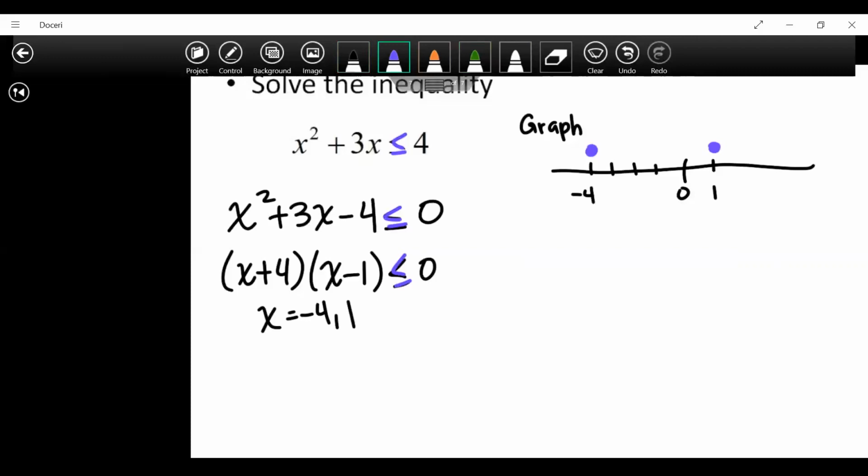Yes, they're connected. My interval is going to look how? Bracket, what? -4, comma. And again, if you graph it, the left number is going to go on the left-hand side and the right number on the right-hand side. Easy enough.